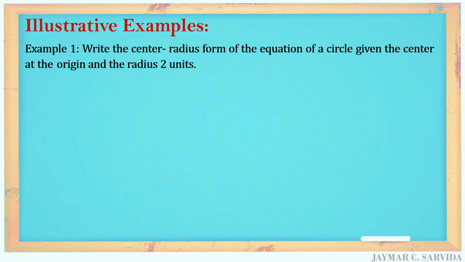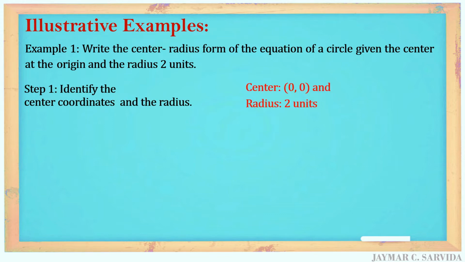Okay, example number 1. Write the center radius form of the equation of a circle given the center at the origin and the radius 2 units. Step 1, identify the center coordinates and the radius. The center is at the origin, so the coordinates are (0, 0), and the radius is 2 units.